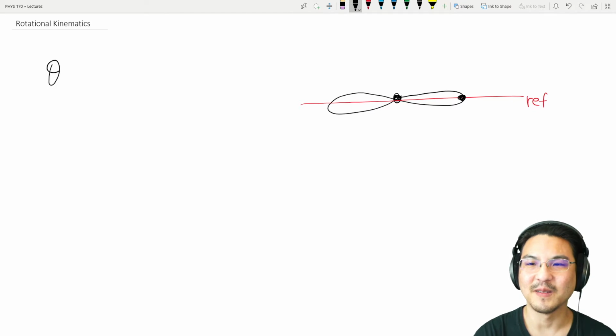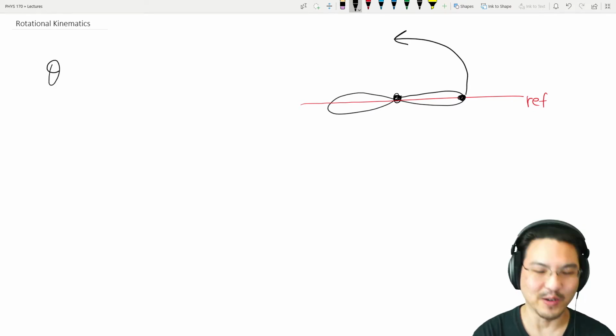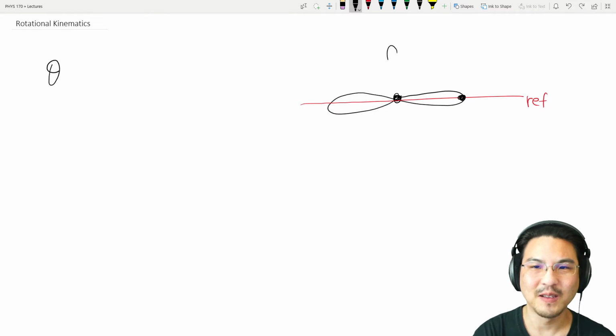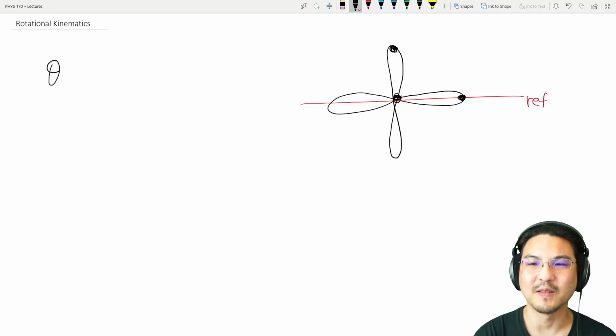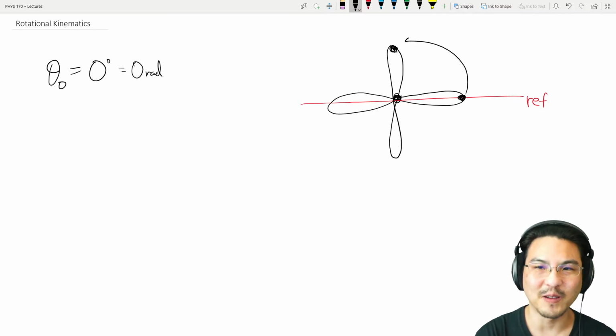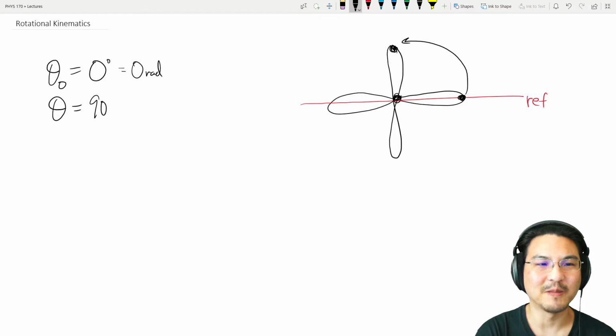And then let's say the blades rotate 90 degrees, like pi over 2. So now it's over here. So let's say for this example, my initial was 0 degrees, which is 0 radians. And then it rotates over here. And so now it's at 90 degrees, pi over 2.